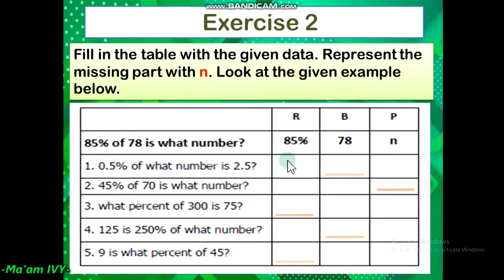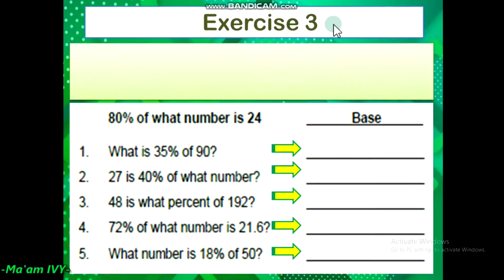For example, number 1: 0.5% of what number is 2.5. Just look at the table. You have the clue. Those flashing lines represent the missing part. Good luck, kids. Let's proceed to exercise 3.